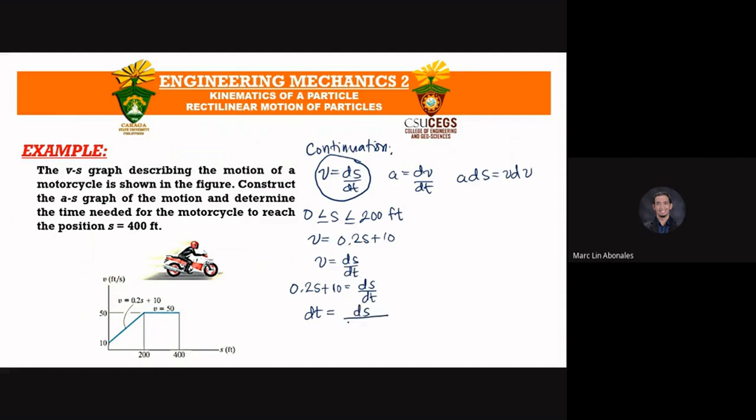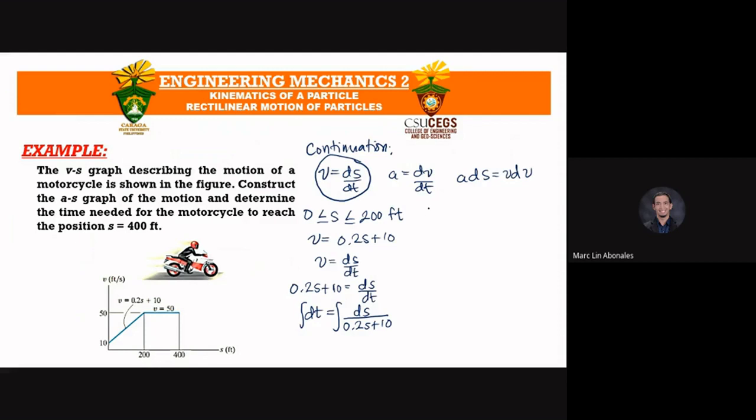So that is dt is equal to ds over 0.2 s plus 10. To determine the time, we need to integrate each side. When we integrate, we can choose either definite or indefinite integral. I will choose definite integral for this one.